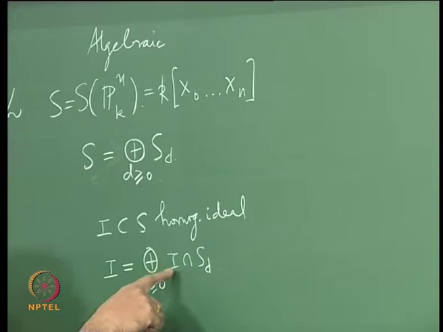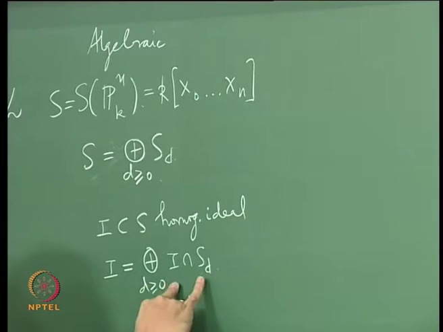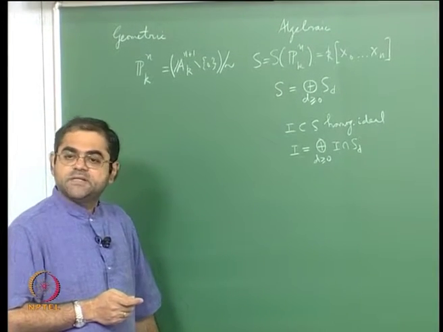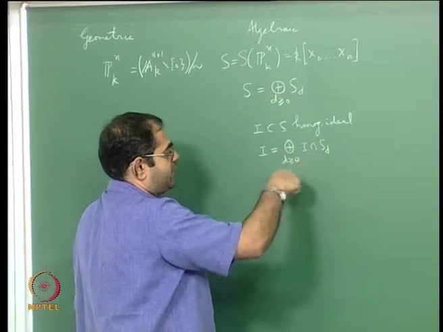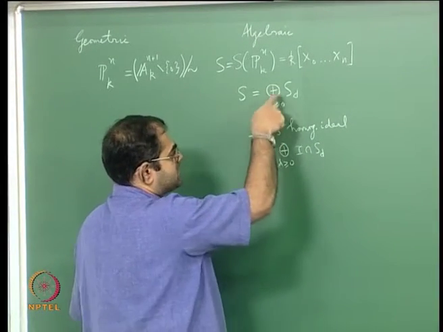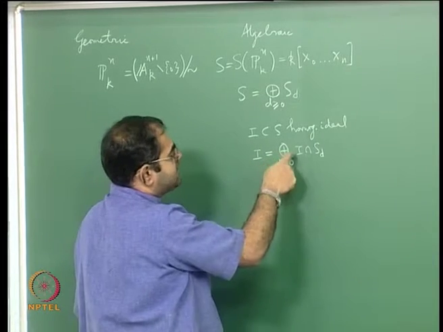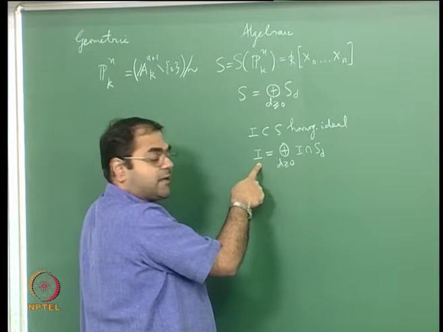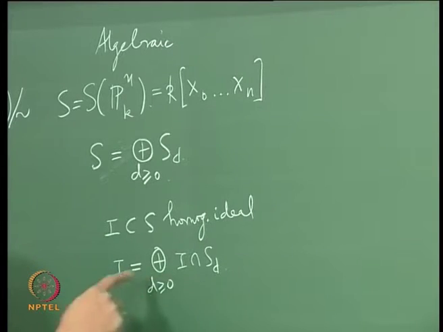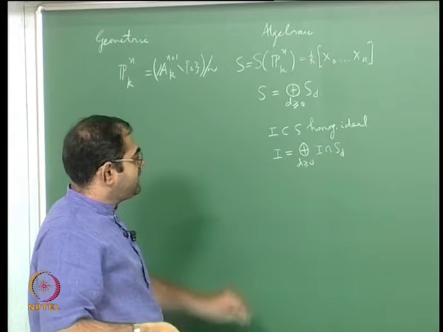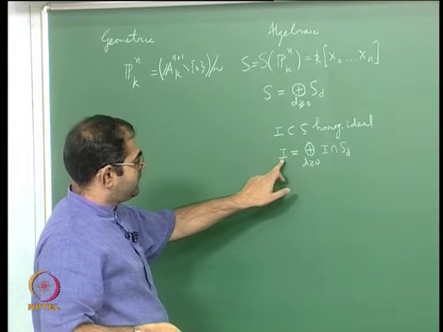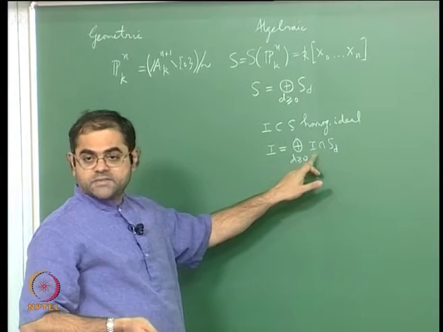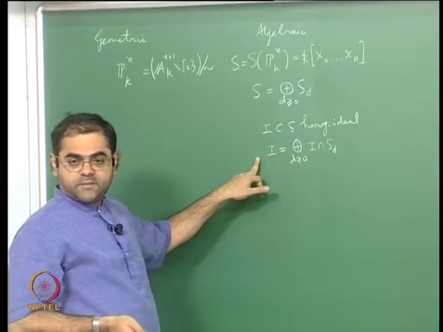So you take the ideal I and intersect with S_d, and what you get is all those elements in the ideal which are homogeneous of degree d. Of course the sum will be a direct sum because S is already a direct sum, and this will certainly be a subset of I always for any ideal. But the condition that the ideal should be homogeneous is that this is exactly equal to I, which is the same as saying that given any element here, each of its homogeneous components is also back in this ideal. That is what it means.